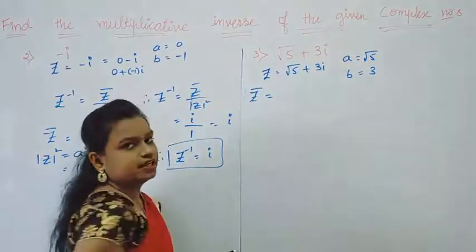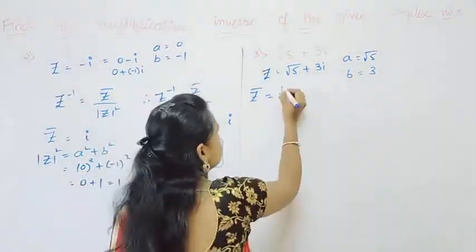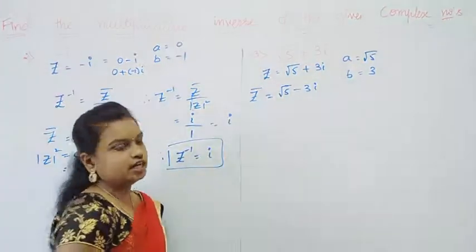That is the conjugate. If Z is root 5 plus 3i, then its conjugate becomes root 5 minus 3i. Right? That is the conjugate.